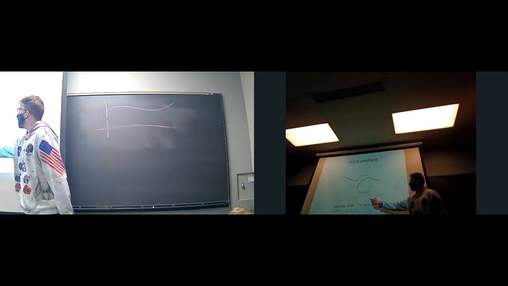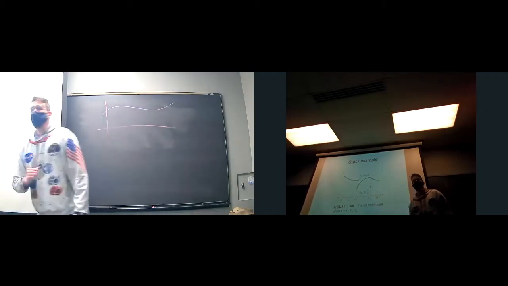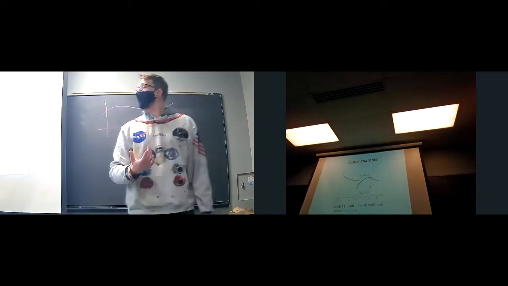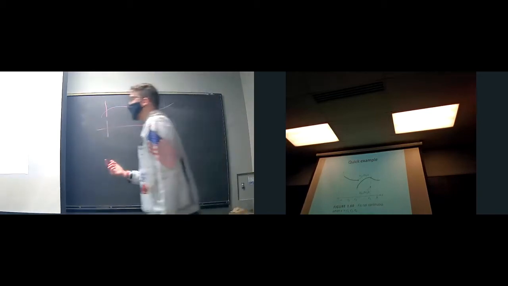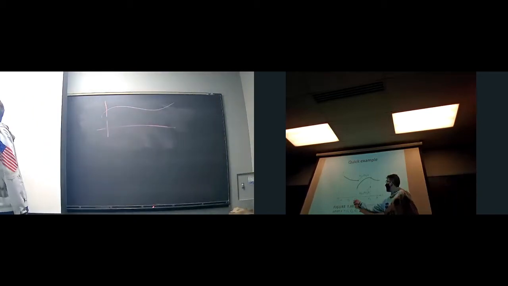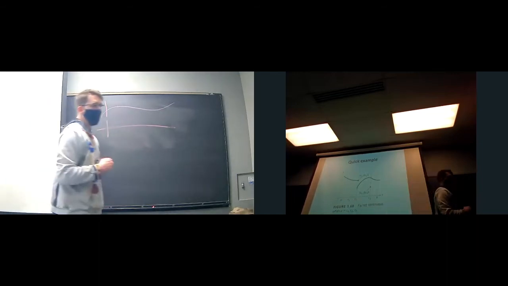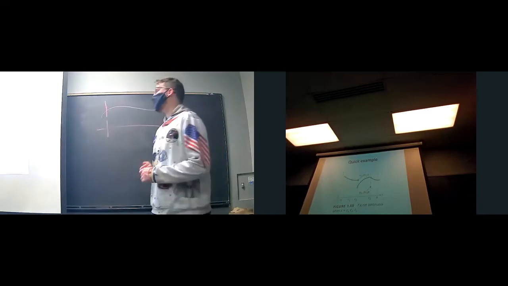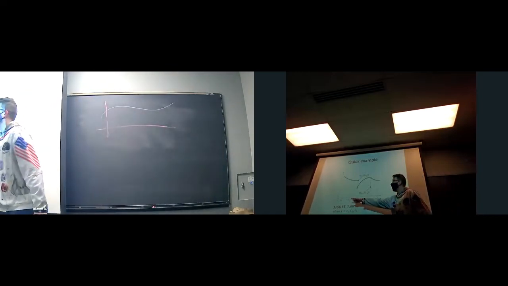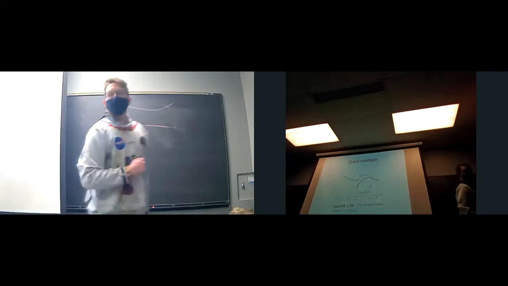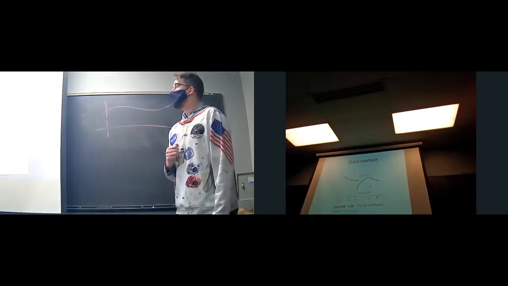Our function here is continuous from C3 to B, not including C3. Our function here is continuous from C2 to C3, not including either of those points. But our function is discontinuous at C1, C2, and C3.